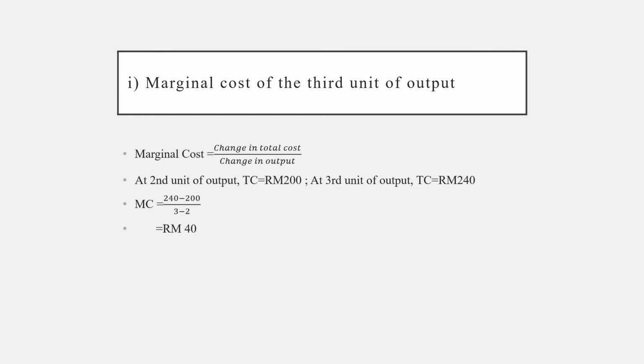So the marginal cost of the third unit of output is 240 minus 200 divided by 3 minus 2. So the answer is 40 ringgit.